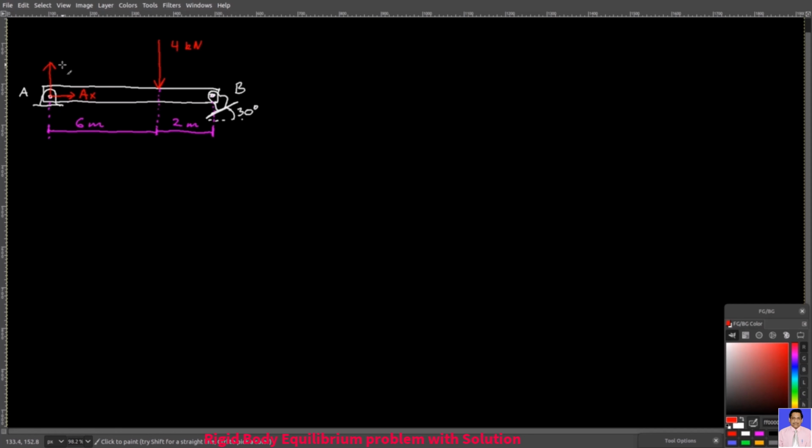Then you also have a vertical force at point A applied to the beam by the ground, and then you also have a force here at B, which is perpendicular to the ground, and since this ground here is tilted 30 degrees, that means that you also have 30 degrees here. And so these forces, Ax, Ay, and B, they are generated due to this 4 kilonewton vertical downward force.